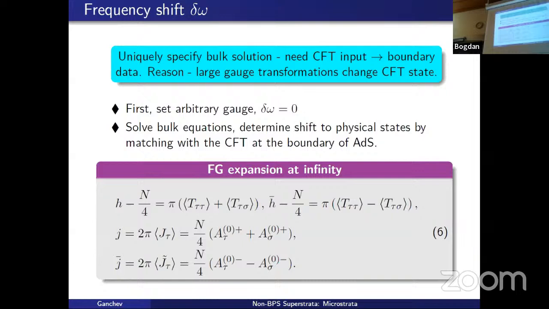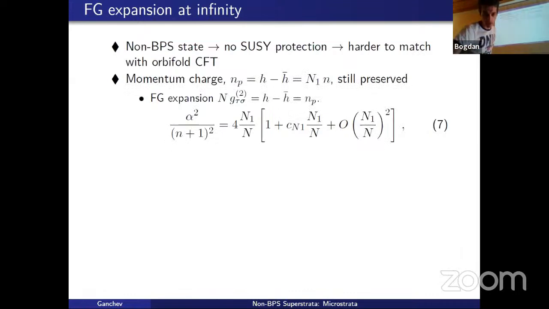You can do something similar to link J and J bar to the boundary data of the gauge field.